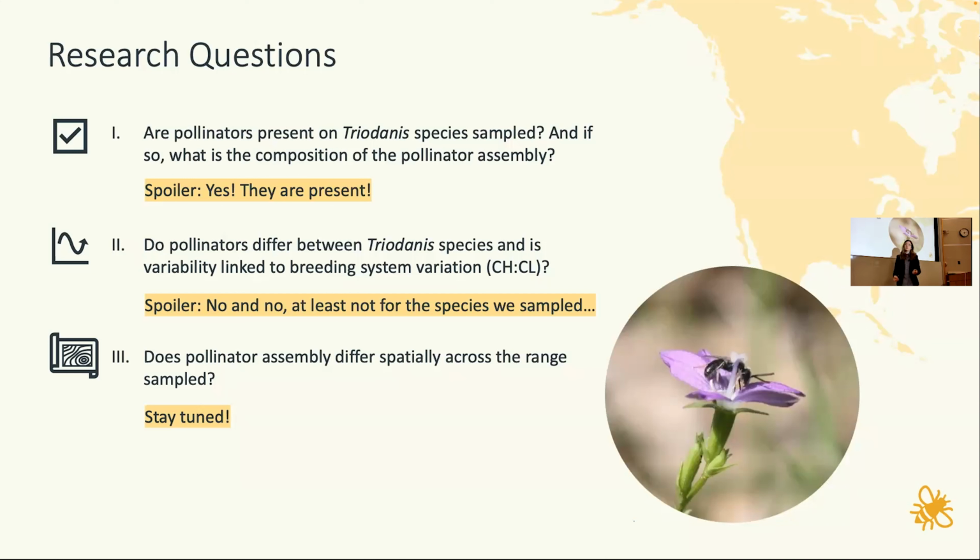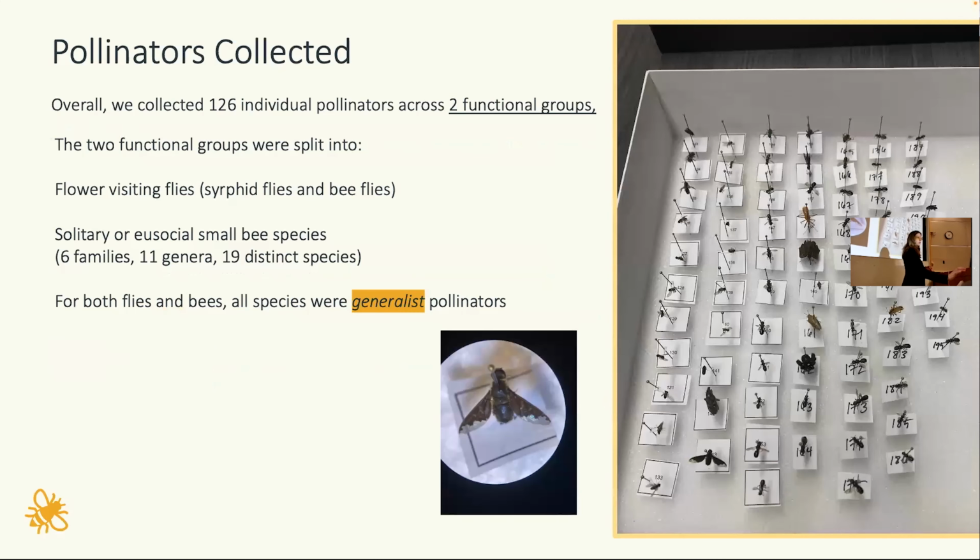For this, we found also not really. They shared pollinators across the 4 species. And then, does pollinator assemblage differ spatially across the range sampled? That is what we're going to talk about for the rest of this presentation.